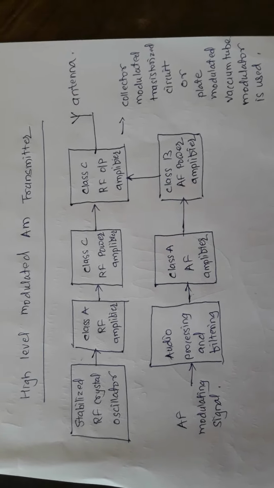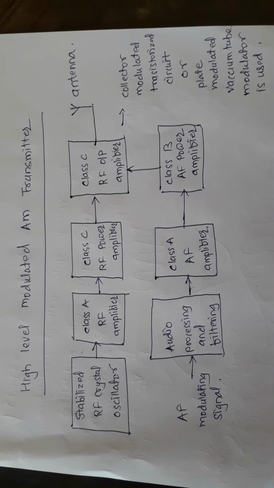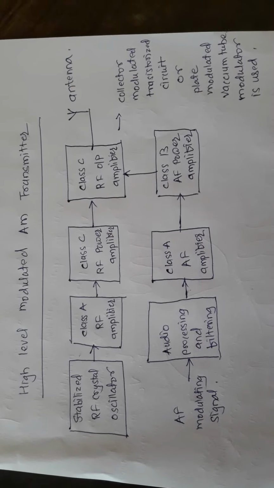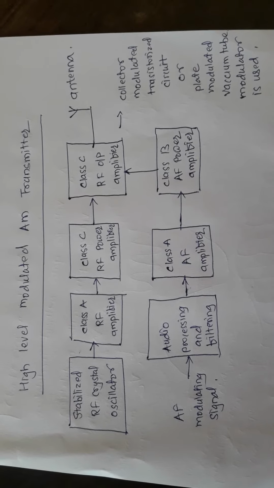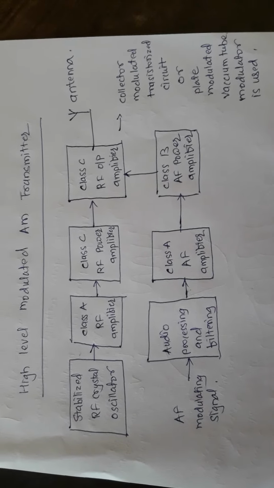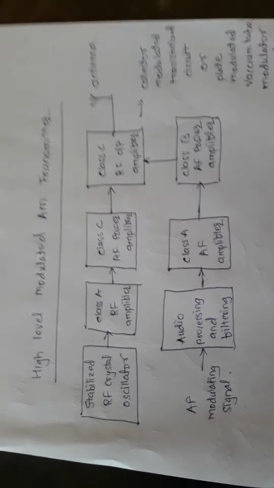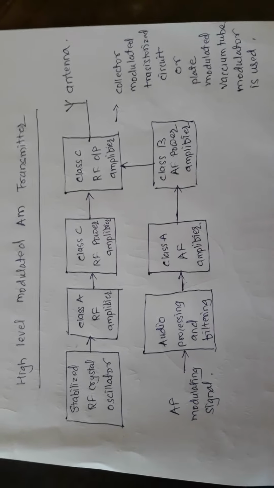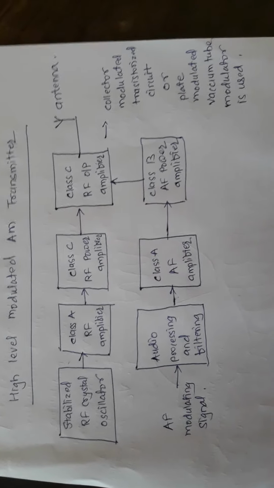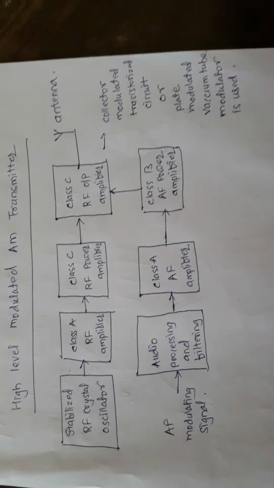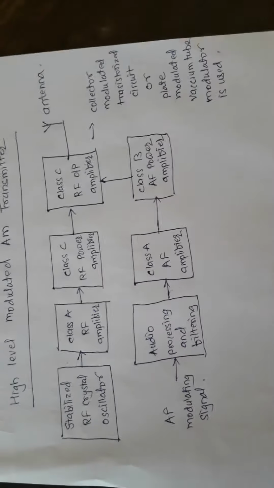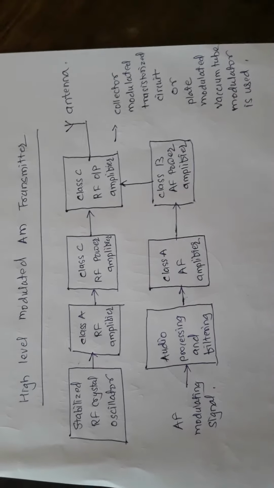So in this high level modulated AM transmitter, first of all we raise the power levels of the modulating signal as well as the carrier signal to a very high power level, and then we do the modulation. Now, let us have a look at the block diagram. Here we are using a stabilized RF crystal oscillator.